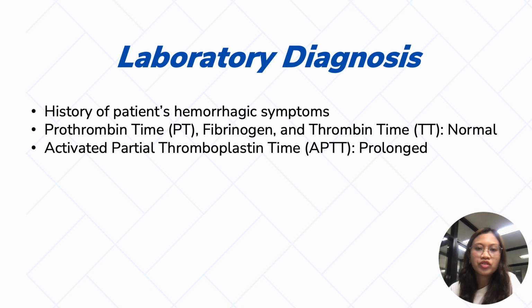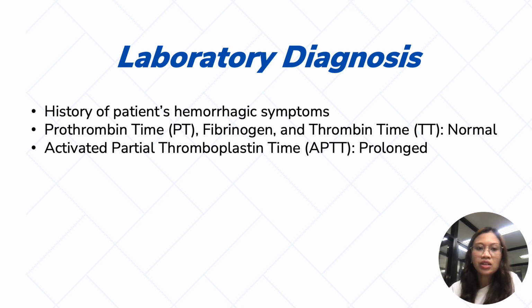In classical hemophilia, or factor VIII deficiency, diagnosis is done by first checking the history of the patient, especially on incidences of hemorrhagic symptoms. Since this disorder only involves the deficiency of factor VIII, the patient will have normal results for prothrombin time, thrombin time, and fibrinogen assays.